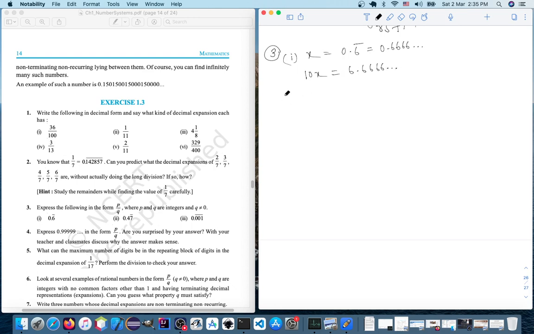So we subtract the two equations and we get that 10x equals 6 plus 0.666 dot dot dot, which is 6 plus x. This implies 9x equals 6. Therefore, x equals 6 by 9 equals 2 by 3.